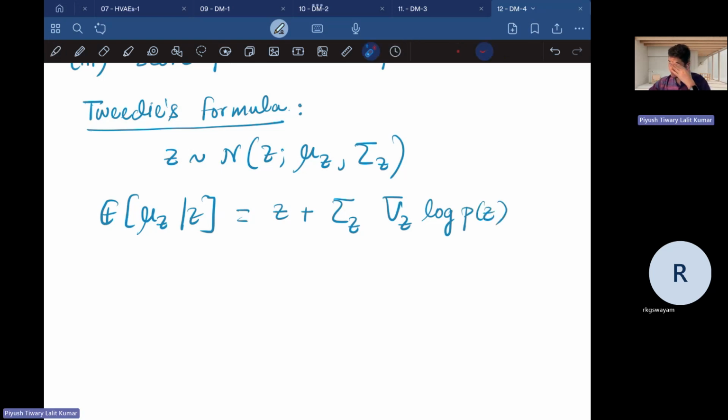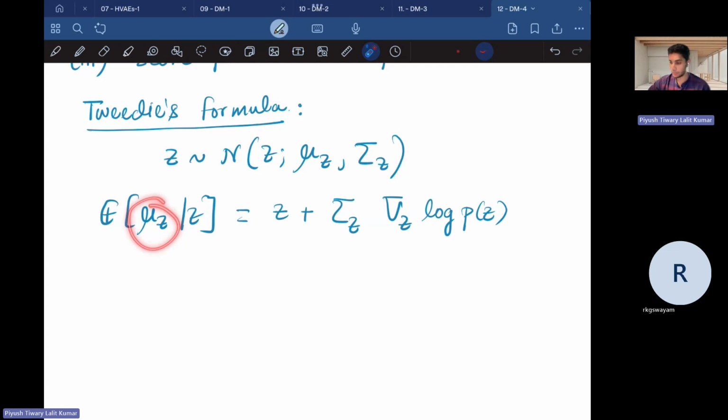This might look very weird at first, but I will tell you the interpretation. The idea is you want to know the mean of the distribution, but you only have one observation to make that estimation. So just by seeing z, can you tell me what is mu z?